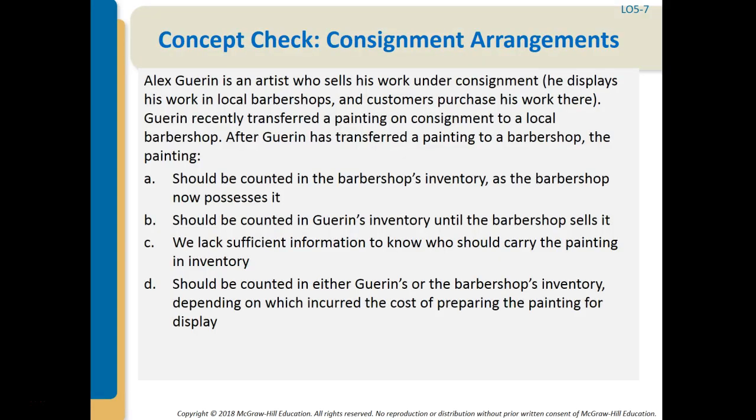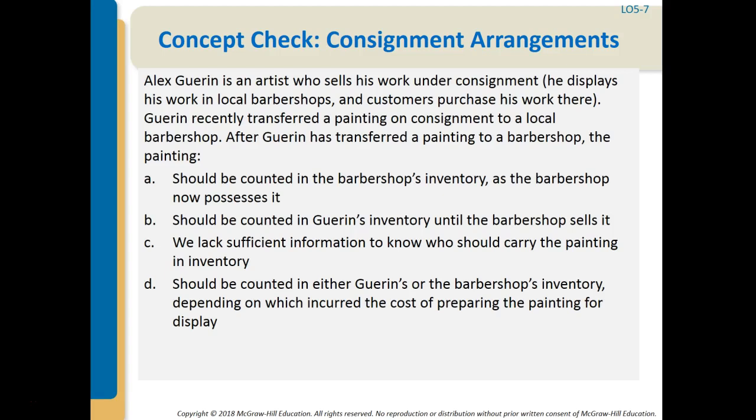So Alex Guerin is an artist who sells his work under consignment. He displays his work in local barber shops and customers purchase their work there. Guerin recently transferred a painting on consignment to a local barber shop. After Guerin had transferred a painting to the barber shop, the painting, A, should be counted in the barber shop's inventory as the barber shop now possesses it.